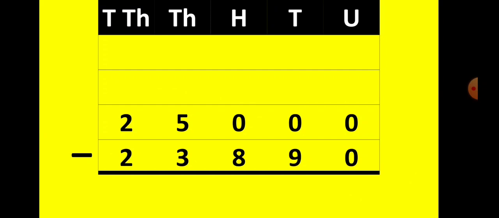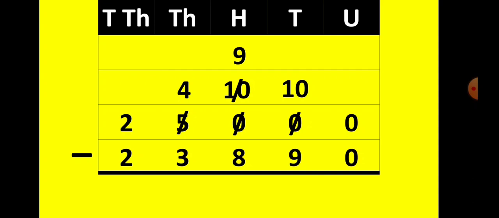So now when we borrow a number from 5, 5 is reduced by 1 and it becomes 4, and in the hundreds place the 0 turns to 10. Now from the hundreds place again the number will be borrowed to the tens place. So 10 will become 9 and the 0 in the tens place will become 10.